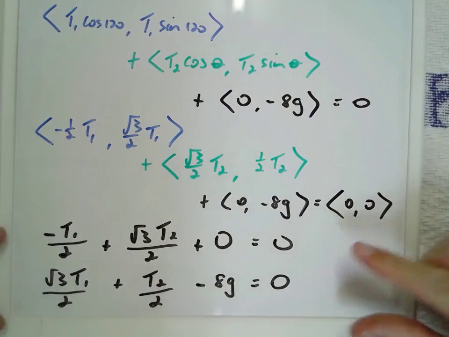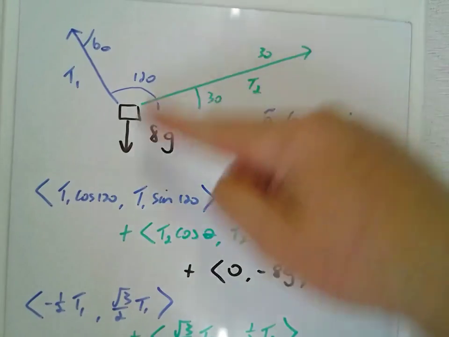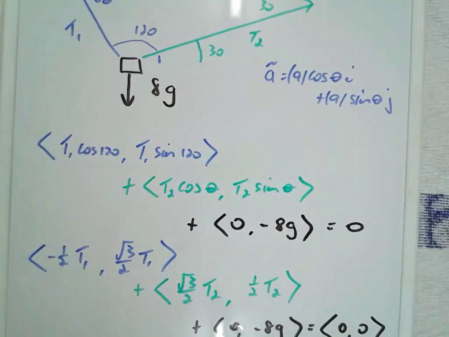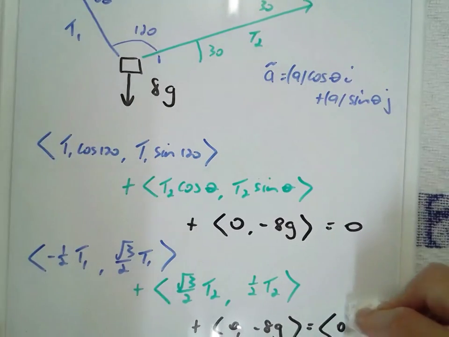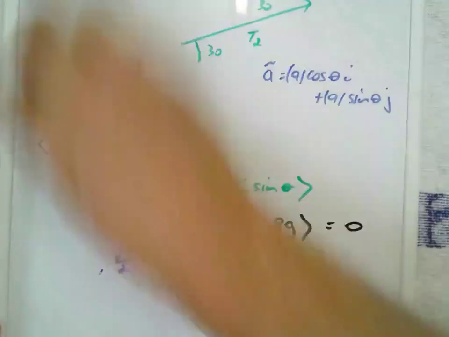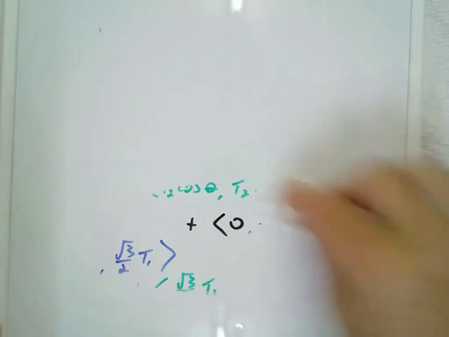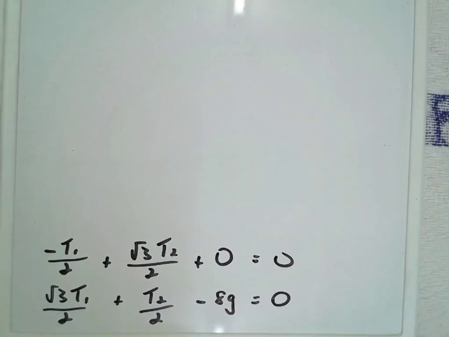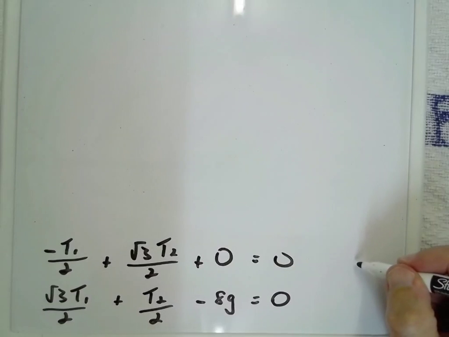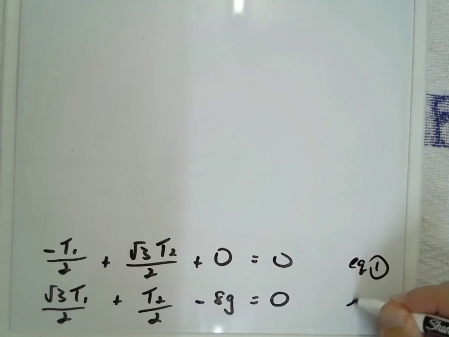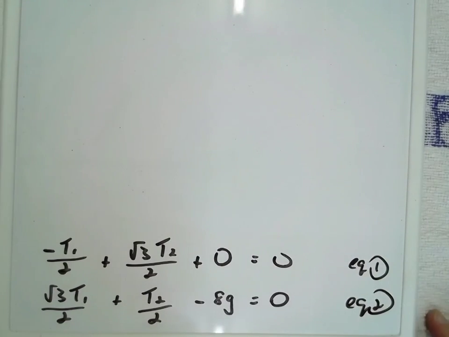Now, once we've got here, all of our vector work has done its job, because as you can see, we've got two equations and two unknowns, T1 and T2. So that's equation 1 and equation 2.